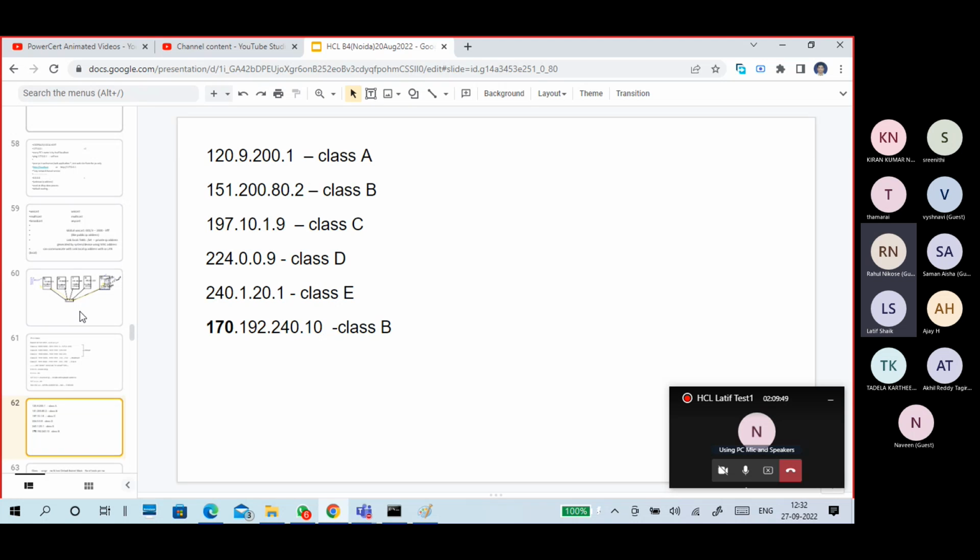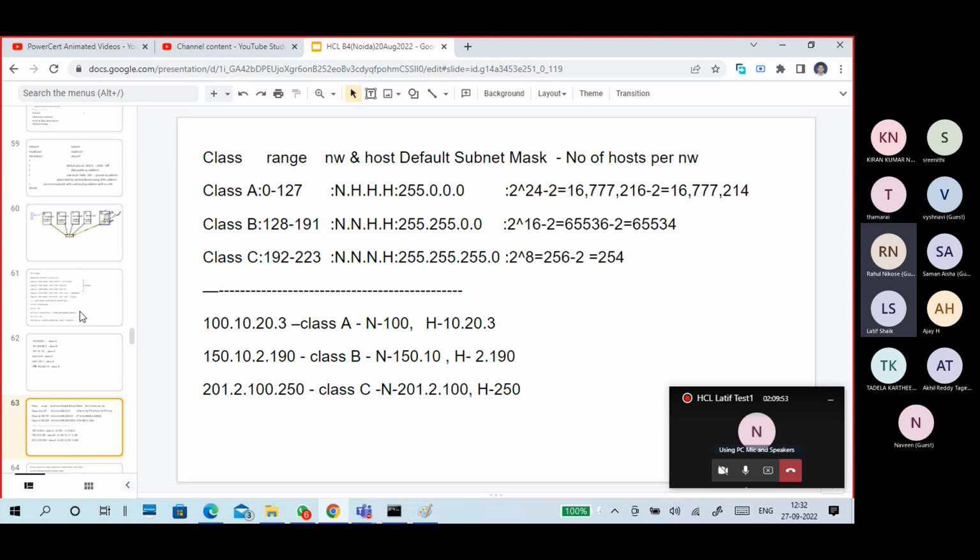Again, unicast addresses are class A, class B, and class C. We can assign IP addresses from class A to class C to an adapter, except the 0 series, the 127 series, and 169.254, because it's the APIPA series.